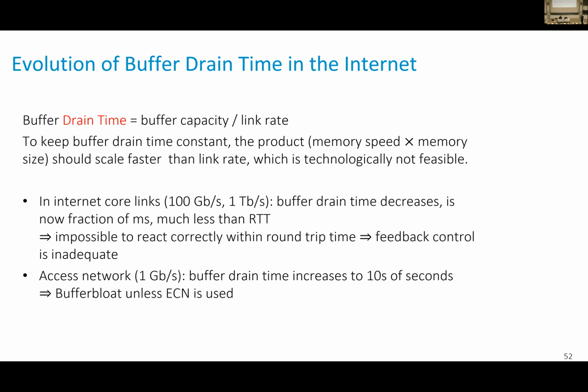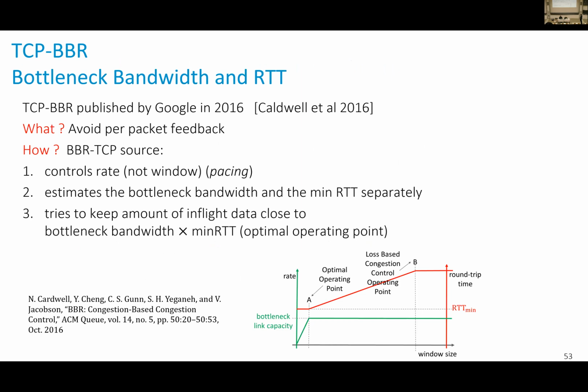So typically, you don't do that. So when the technology evolves, the buffer drain time decreases, and now in the internet it is a fraction of a millisecond, versus my and your router at home, which is seconds or tens of seconds. This leads to a problem: it's impossible to react correctly within a round trip time. So feedback control becomes a problem on these core links.